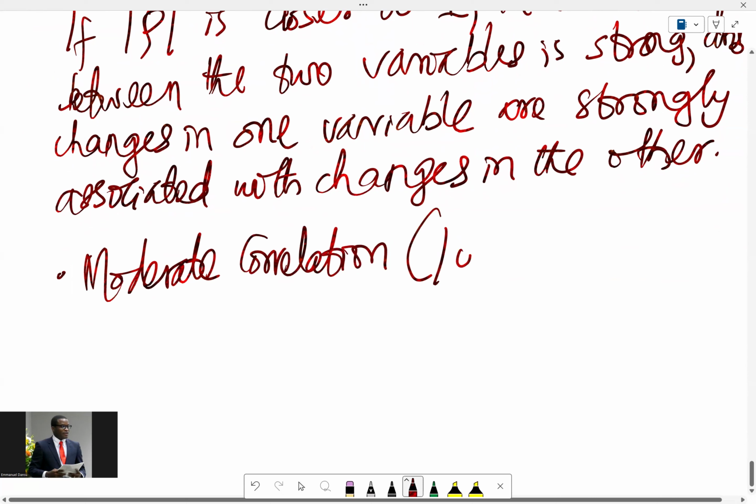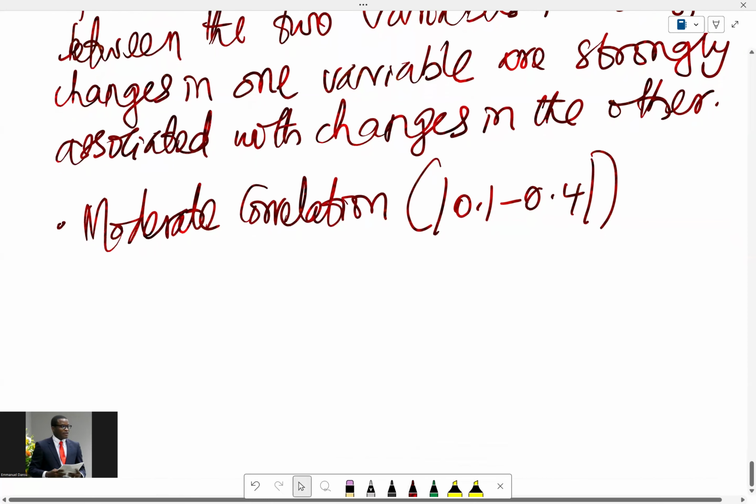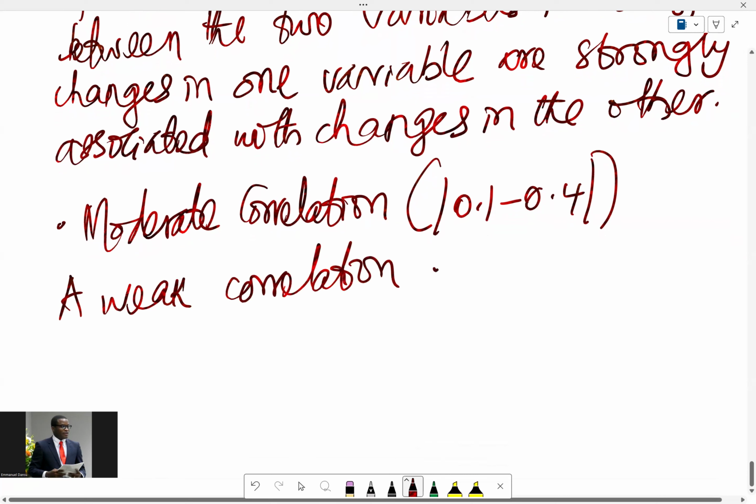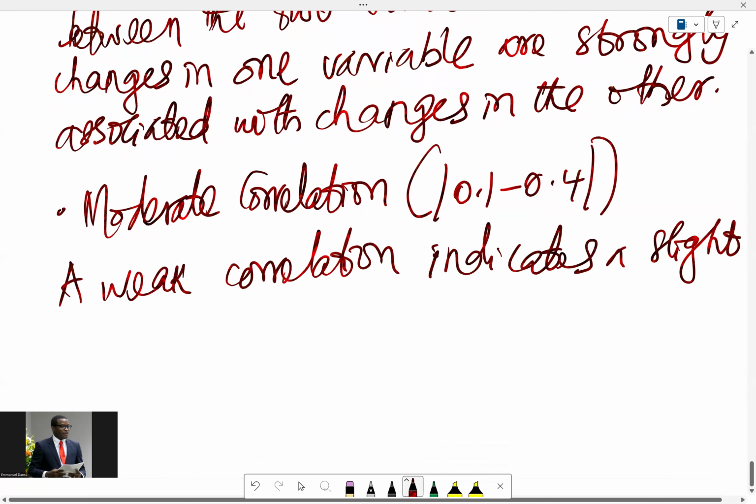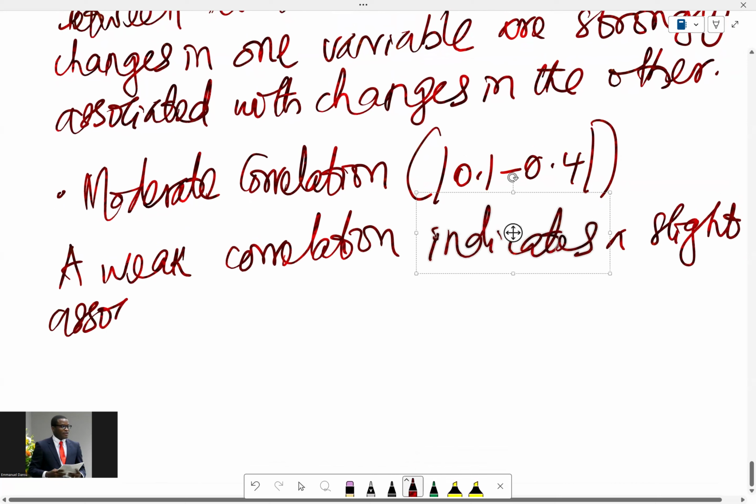That's when you have something like an absolute value from 0.4 to 0.7. Then this is a weak correlation, which indicates a slight association between the variables.